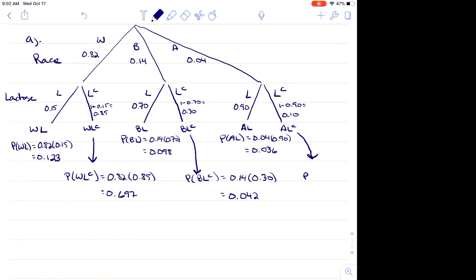The probability of A not L is 0.04 times 0.10, 0.004.